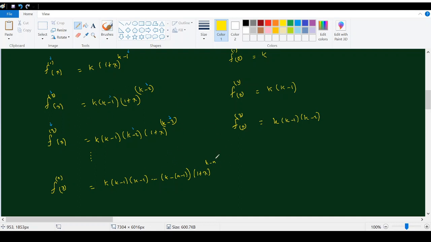So that's the same pattern that we continued up to the nth derivative. And here when you substitute 0, only these coefficients will remain, right? So you will have k times (k minus 1) times (k minus 2) up to k minus n plus 1.